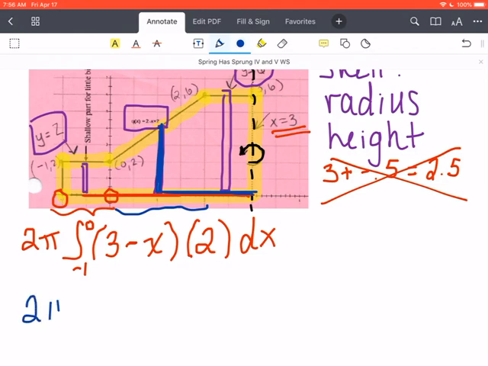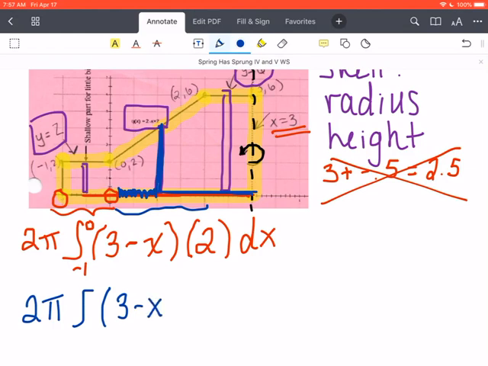So when I look at this integral, I am thinking, well, if it's less than 3, I know that 3 would be to the y-axis, but I need to eliminate this chunk right here, which would be represented by x. So in this case, I am going to be taking 3 minus x again.